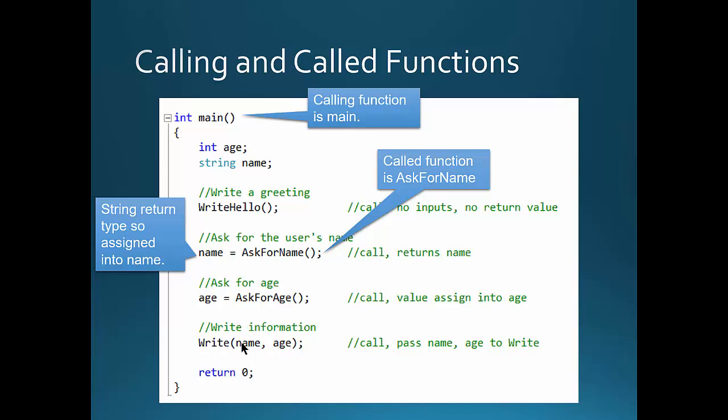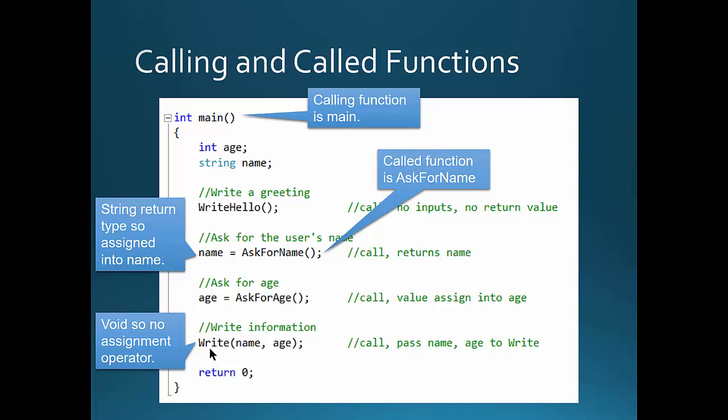Note that these variables don't have to match the names of the parameters for the write function. They could be anything we wanted, but the types must match. So write takes a string and an int, and we are providing a string and an int to it so it can do its work.